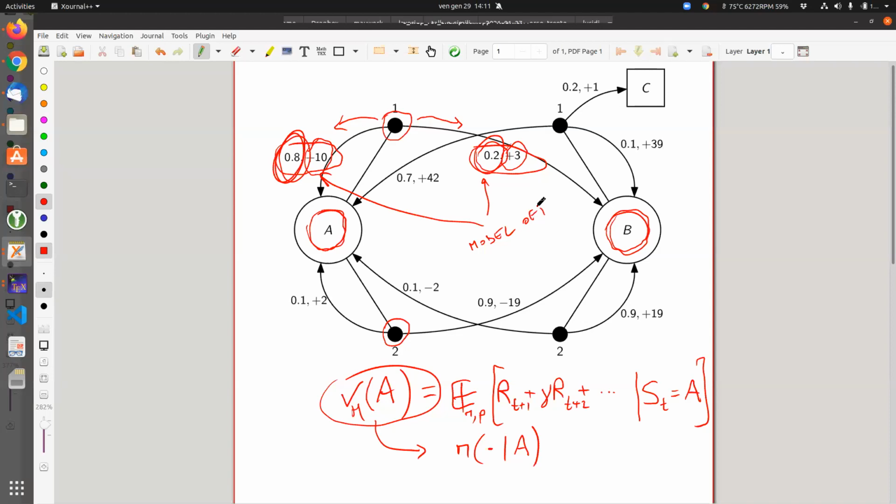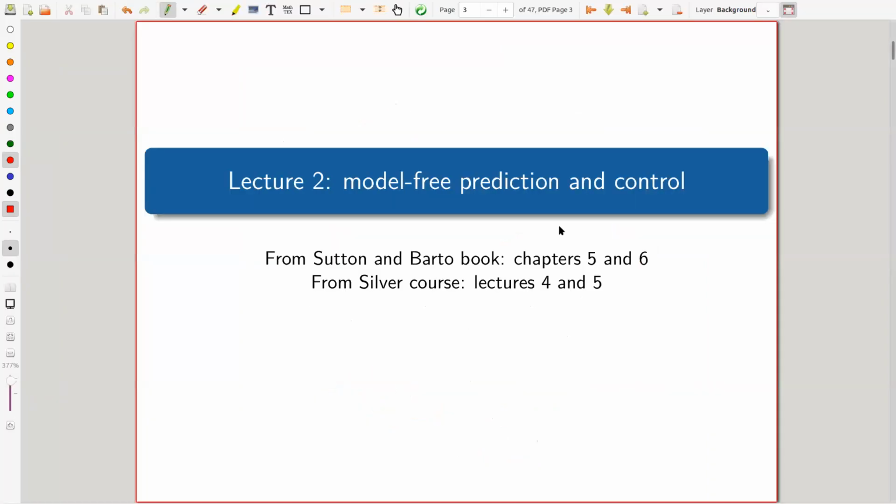The problem is called a Markov decision process, and the shortcut is MDP. Okay, so we are now in the case that is called model free. The model free case means that we don't have the probabilities. We do not have P.